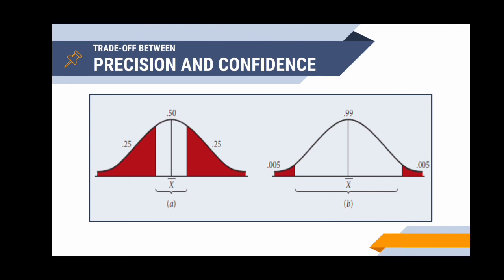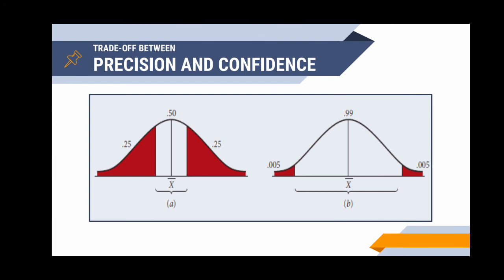Contrary-wise, the bell curve B indicates that 99% of the time that the true mean will fall within the much wider range, and there's only 0.005% that we are making an error in our estimation on both sides.